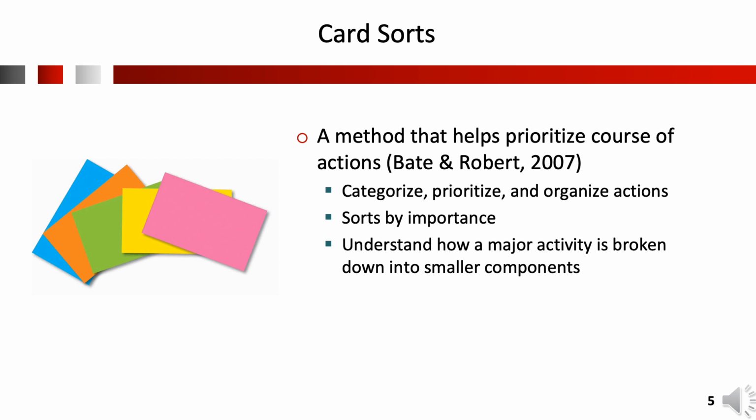So one of the benefits is that it really helps you prioritize and sort the actions based on importance, but you can also break down larger objectives into smaller components. So you can see how some of the components and improvements in different departments in your healthcare organization can align to one overall objective.